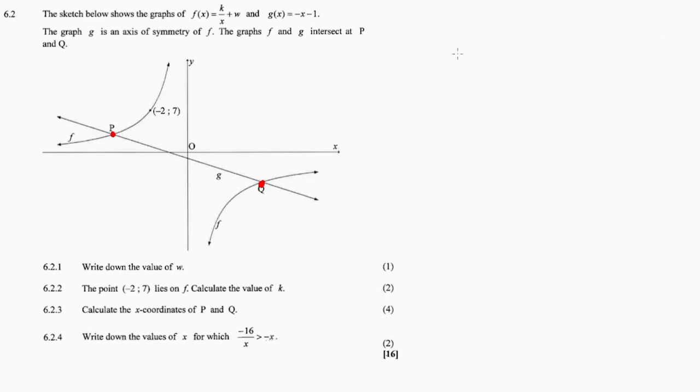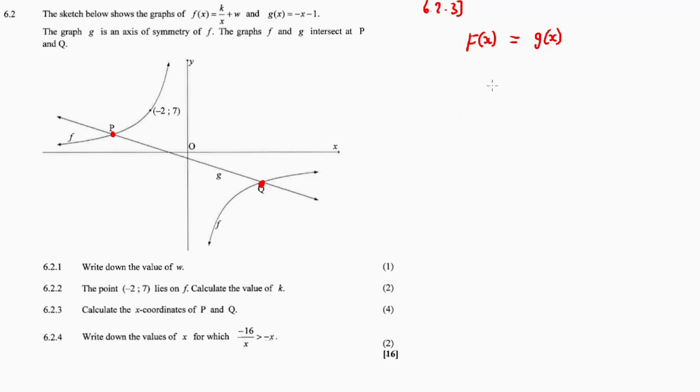Now we go to 6.2.3, we want the x coordinates of P and Q. My P and Q are my points of intersection. So it means P and Q are points where f is equal to g, or where the functions are equal. So we need to solve for f and g simultaneously.